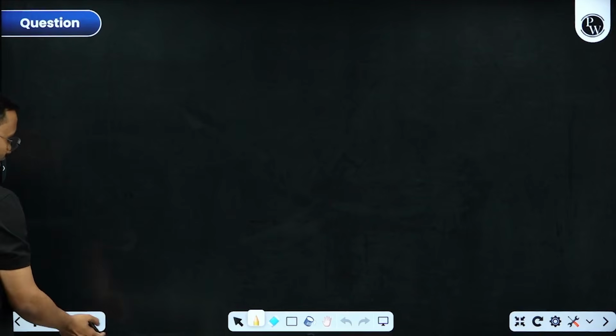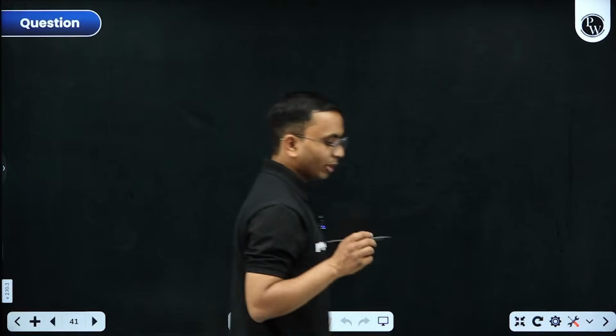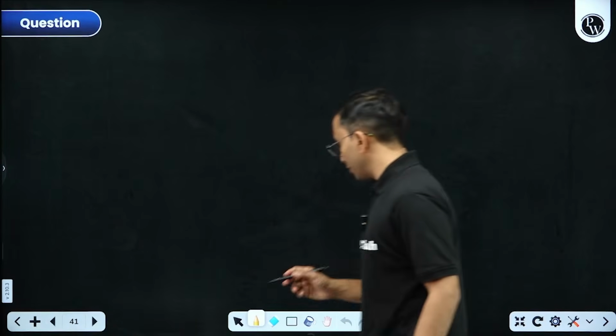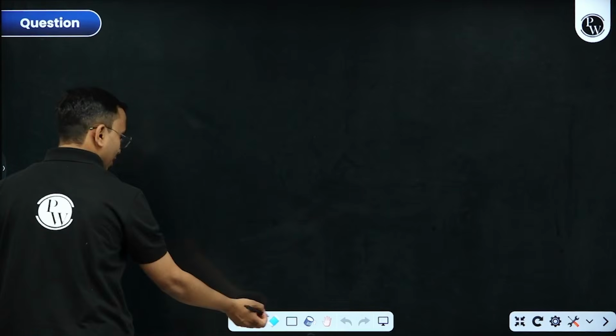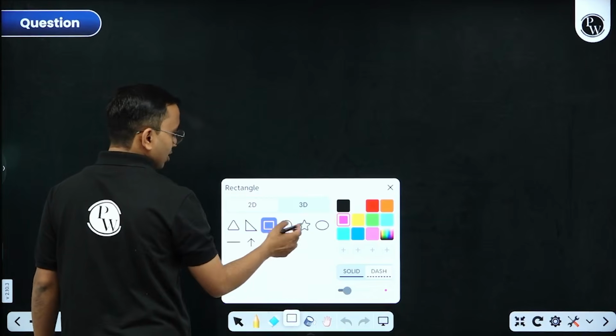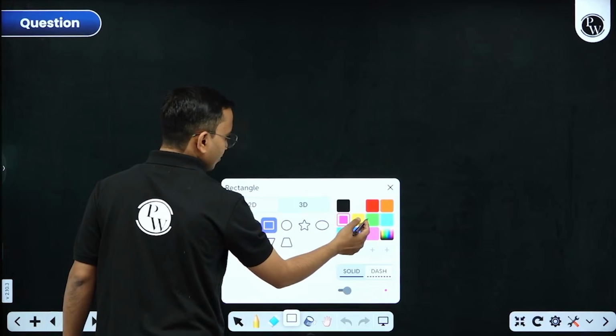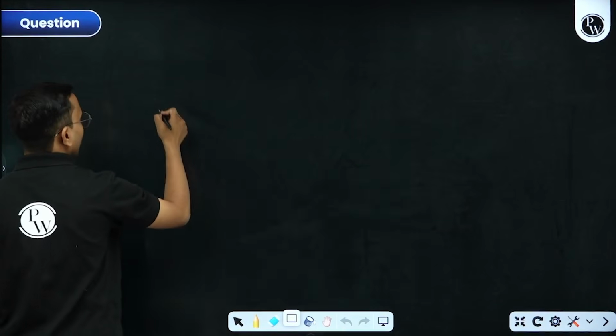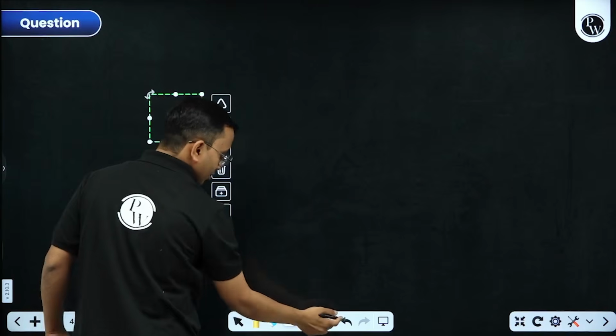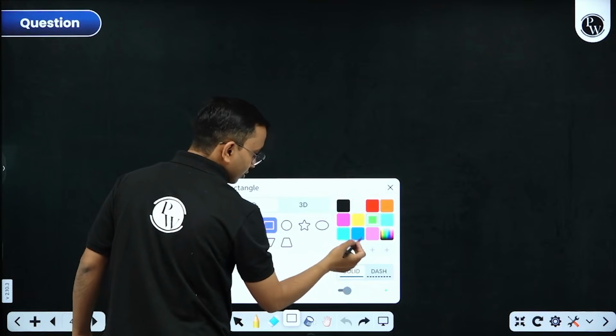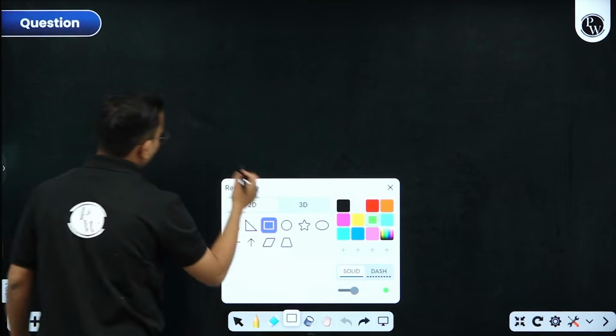Here let us find the potential due to multiple masses. Consider a question where we have a square, consider it to be a solid one.